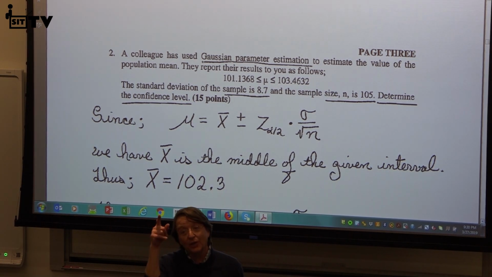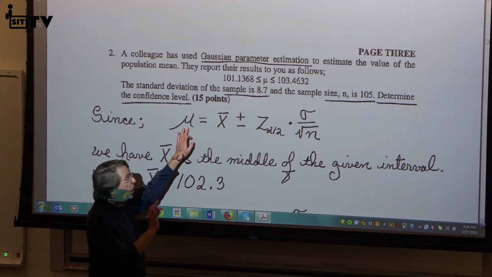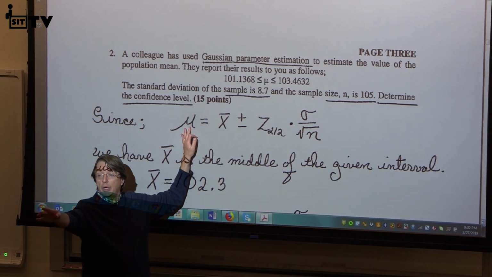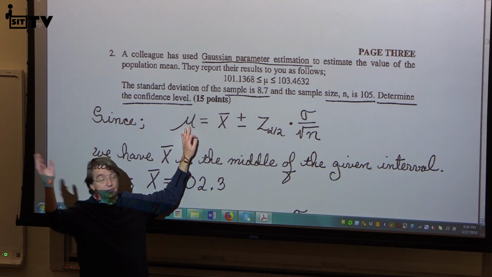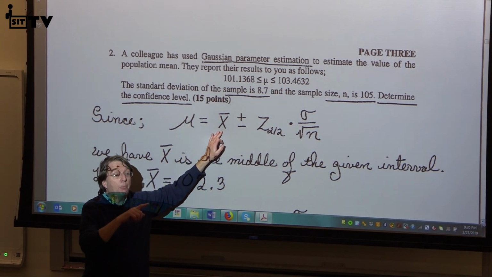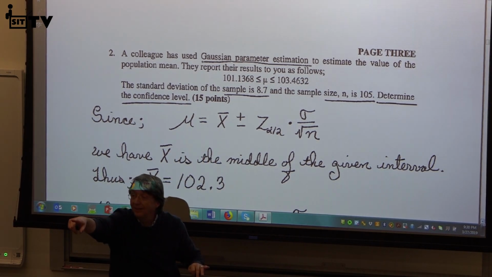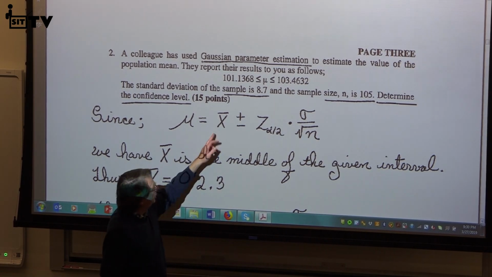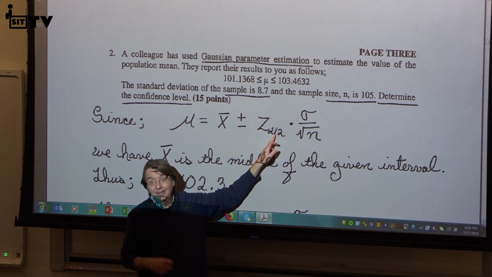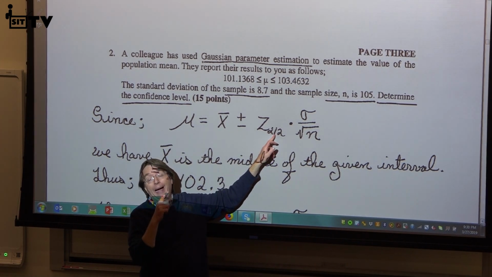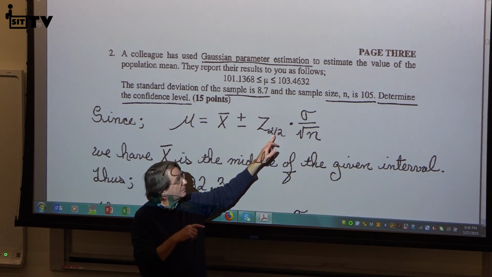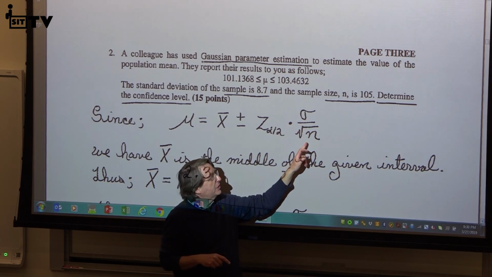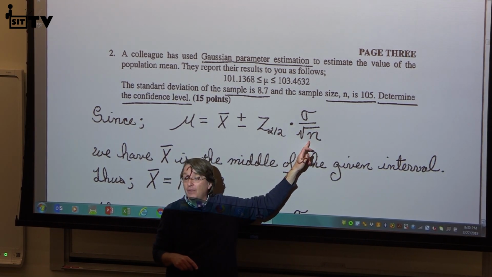Here's what the formula says. The unknown mean, we're not going to measure all million sensors, is X bar, the sample mean. So we measured 105, we got a mean, plus and minus Z alpha over 2, I have to figure that out, times the standard deviation over the square root of n.